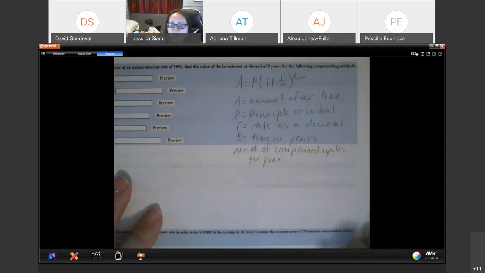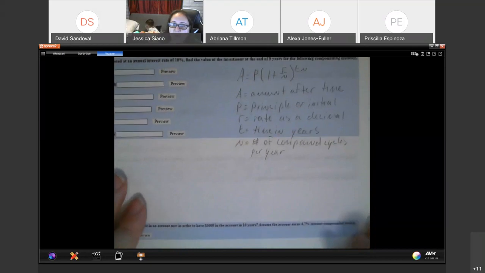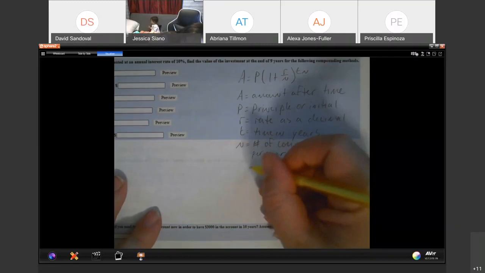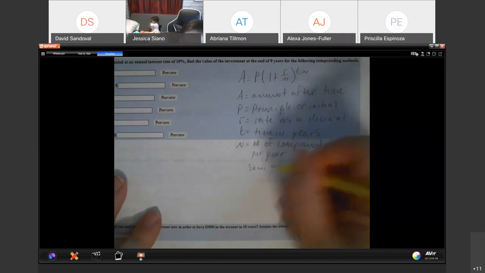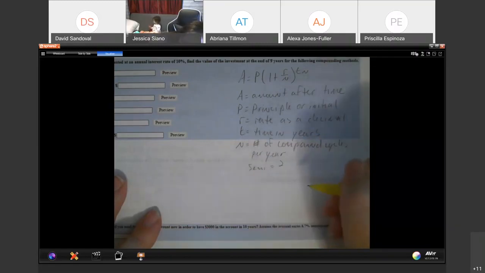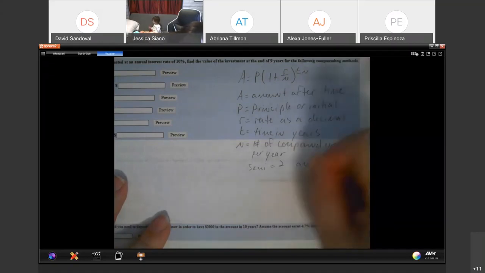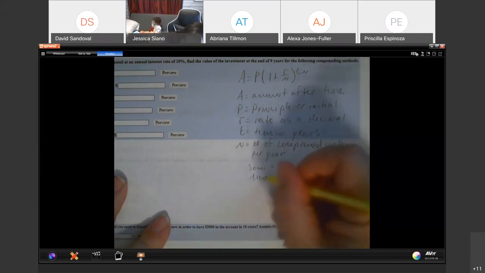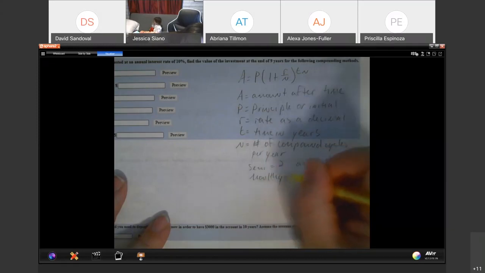I always like to take a second and talk about n real quick. If n is semi-annually, that means 2. If n is annually, that means 1. Monthly would then be 12.